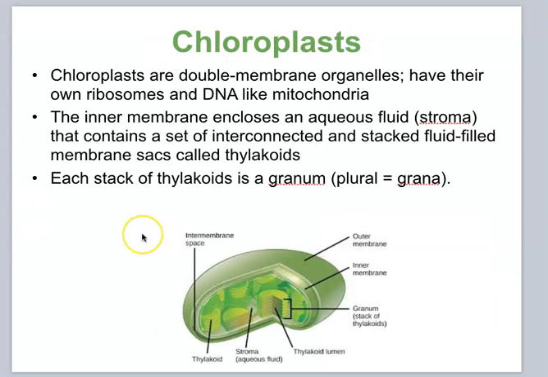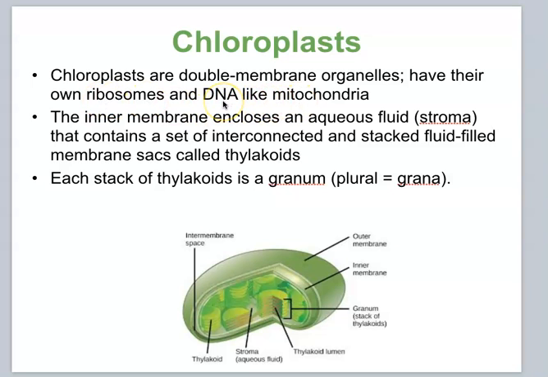So before I finish, I'm going to introduce, if all eukaryotic cells have mitochondria, plant eukaryotic cells, and some prokaryotic cells too, this is where things get weird, right, have these things that are called chloroplasts. And these double membrane organelles, okay, have their own ribosomes, they have their own DNA.